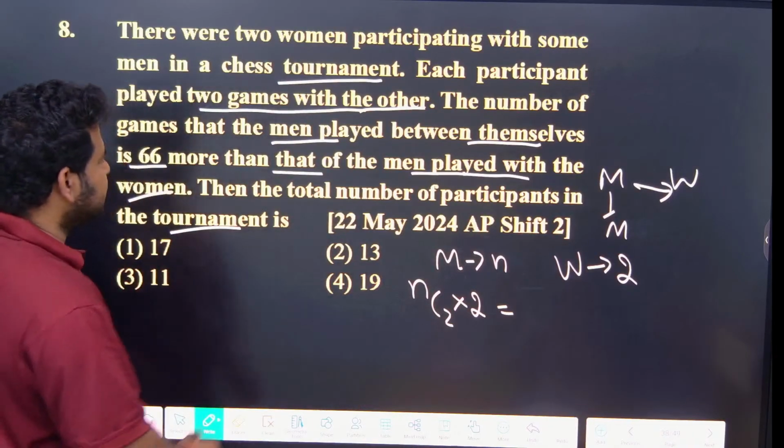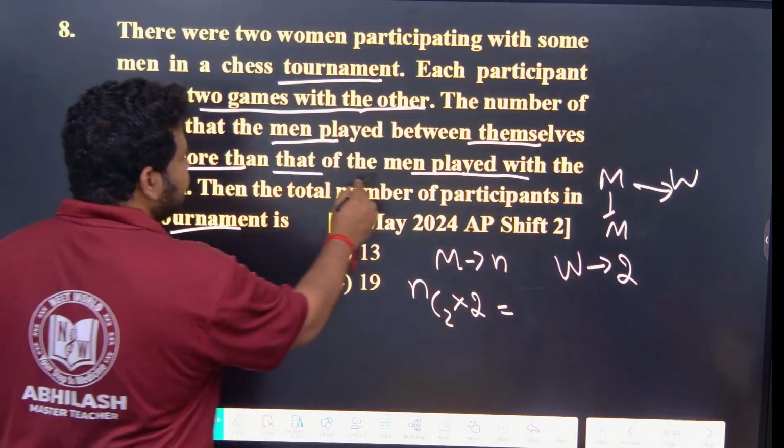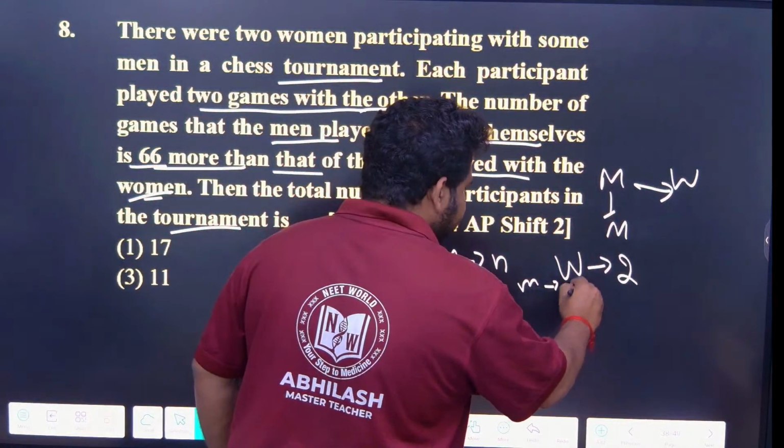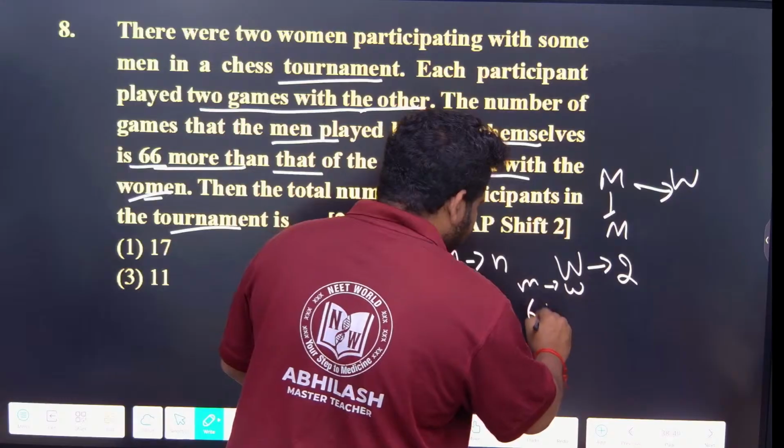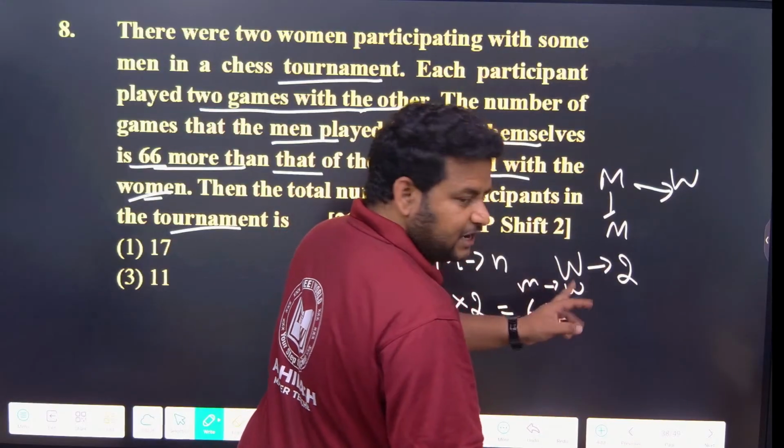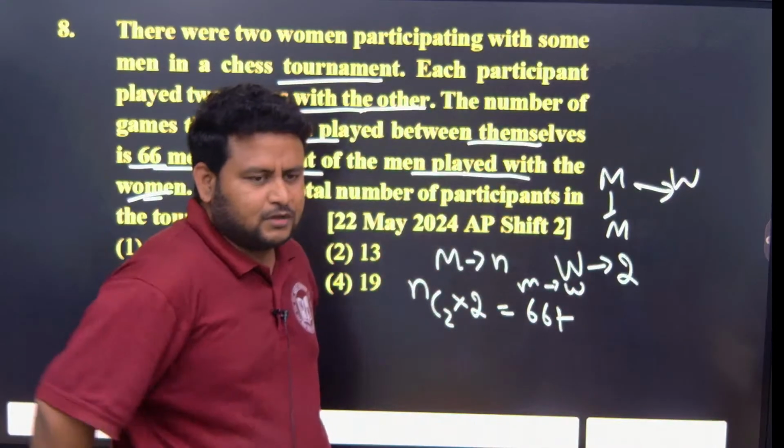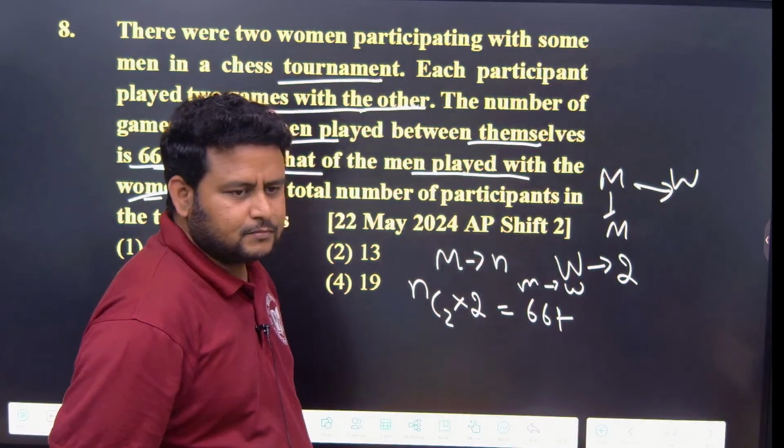This is equal to 66 more than the games the men played with women. This is men with men, and this is men with women. How many men are there? n. How many women are there? 2.